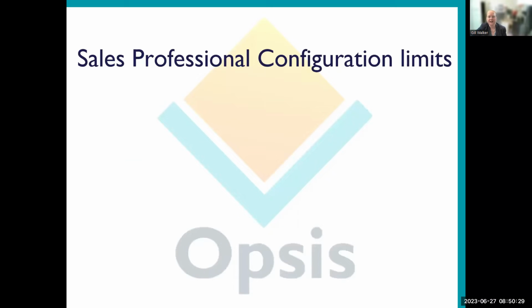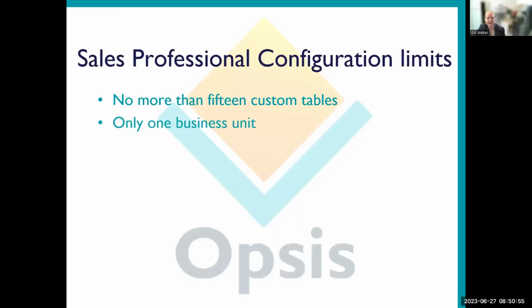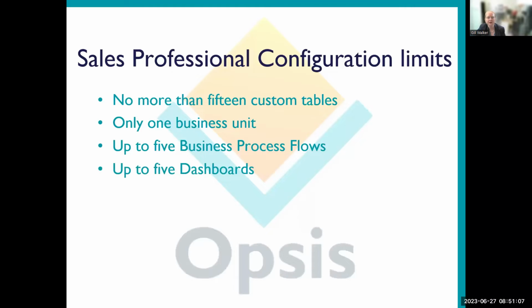Now, what Microsoft have done, and this is relatively new, but if you've only got professional licenses, there are some fairly strong configuration limits. So you can only have a maximum of 15 custom tables. You can only have 1 business unit. Up to 5 business process flows, 5 dashboards, and this one I think could be a real problem.